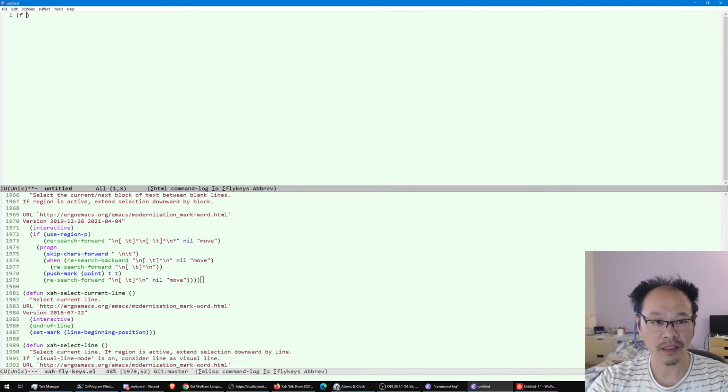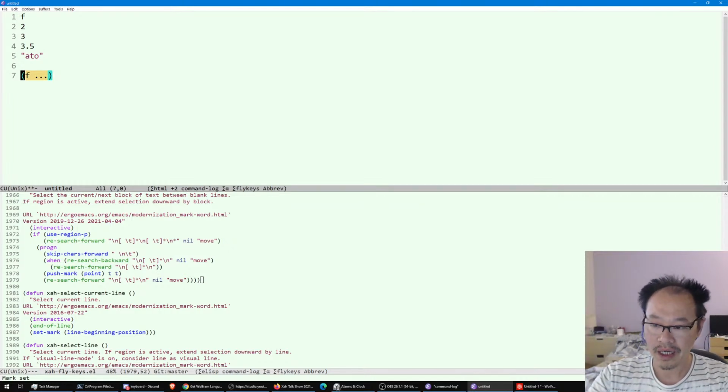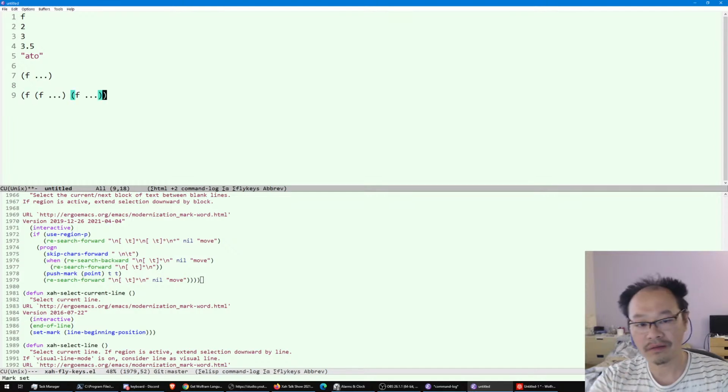In essence, every Lisp syntax is this form. They are either an atom, like f or 3, or 2 or 3.5, or a string. Those are called atoms. Either they are atoms or they have the form of a parenthesis, then a sequence of atoms, and it can be nested arbitrarily.